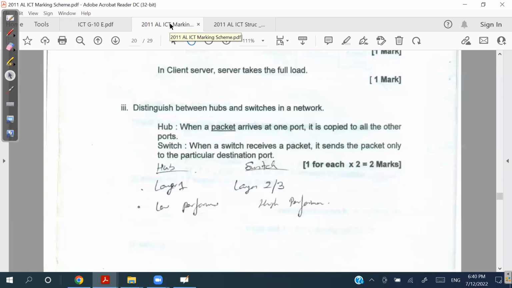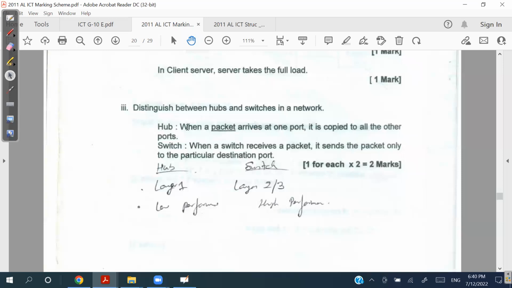Like a hub is generating traffic, a switch is not generating traffic. A hub is a dumb device, a switch is an intelligent device. Or else, the one they have given in the answer: when a packet arrives at one port, it is copied to all other ports. That comes to the hub.